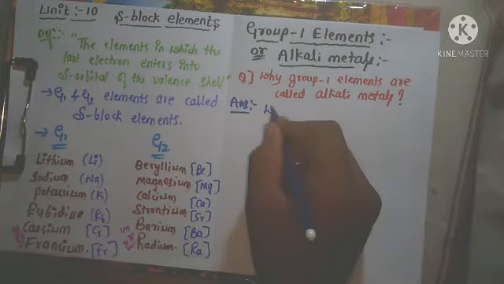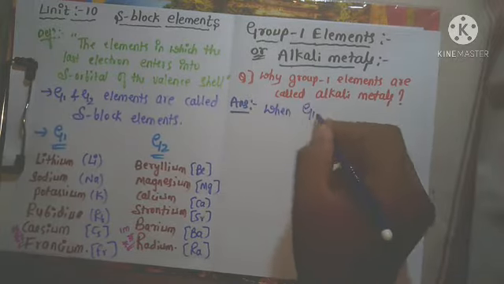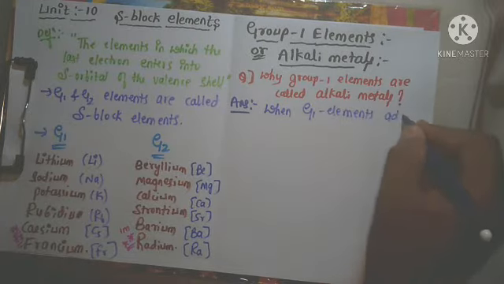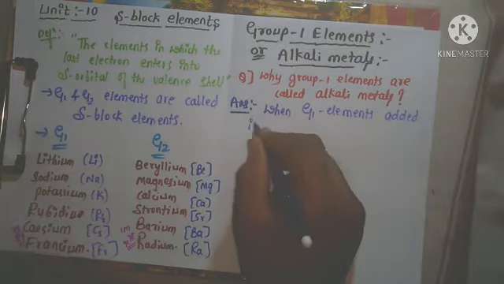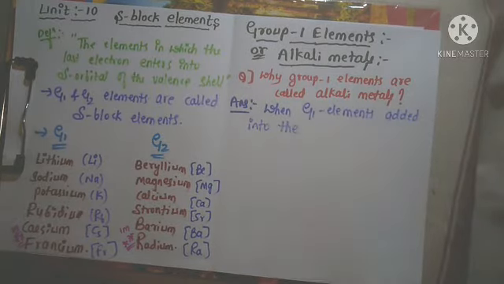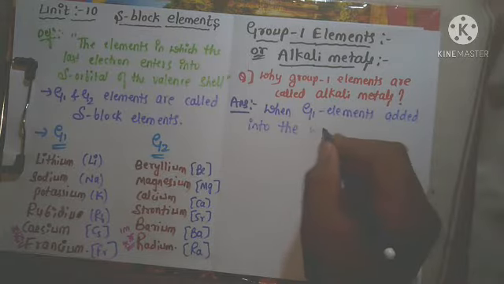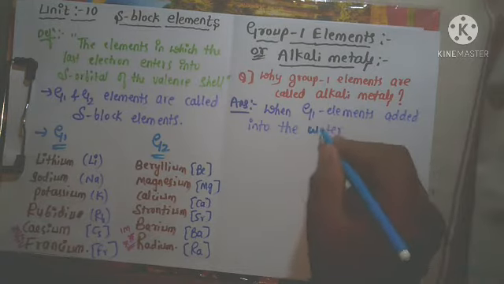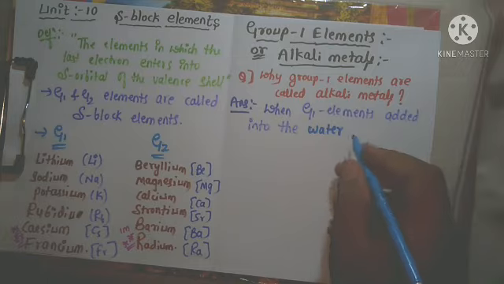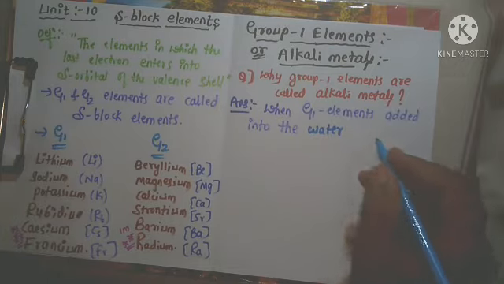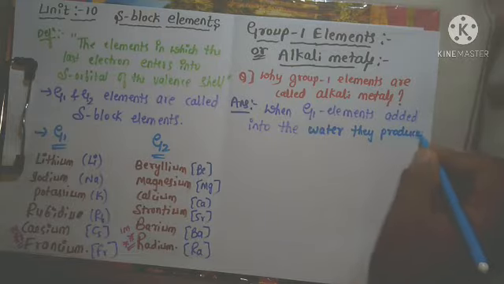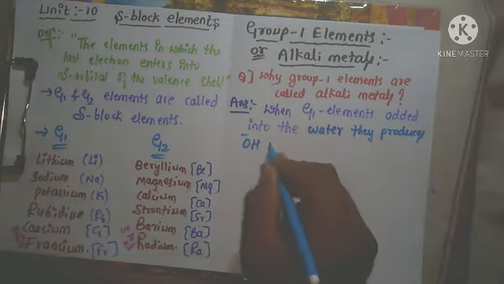Now, what is the reason? When group 1 elements are added into the water, they produce OH minus ions.